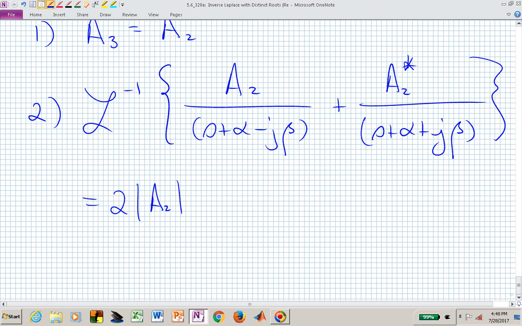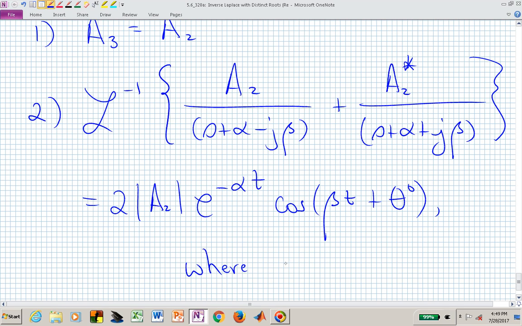A sub 2 is going to be a complex number in general. E to the minus alpha t, that's the decay, that's the real part of that complex pole, cosine, and this now oscillates at a frequency of omega equal to beta. So we have omega t, or beta t, plus theta degrees, where we're using notation saying that a sub 2 as a complex number has a magnitude a sub 2 and an angle of theta degrees.